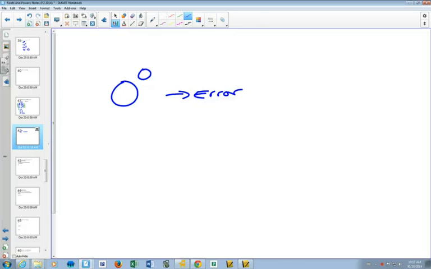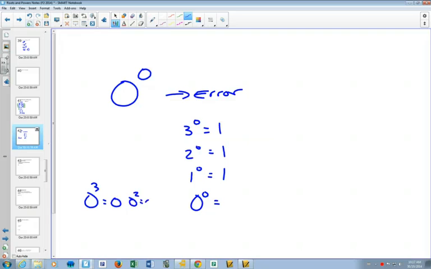Why? Because we have a conflict. We have a conflict because 3 to the 0 is 1, 2 to the 0 is 1, 1 to the 0 is 1. What should 0 to the 0 be? 1. But 0 cubed is 0, 0 squared is 0, 0 to the 1 is 0. What should 0 to the 0 be? 0.